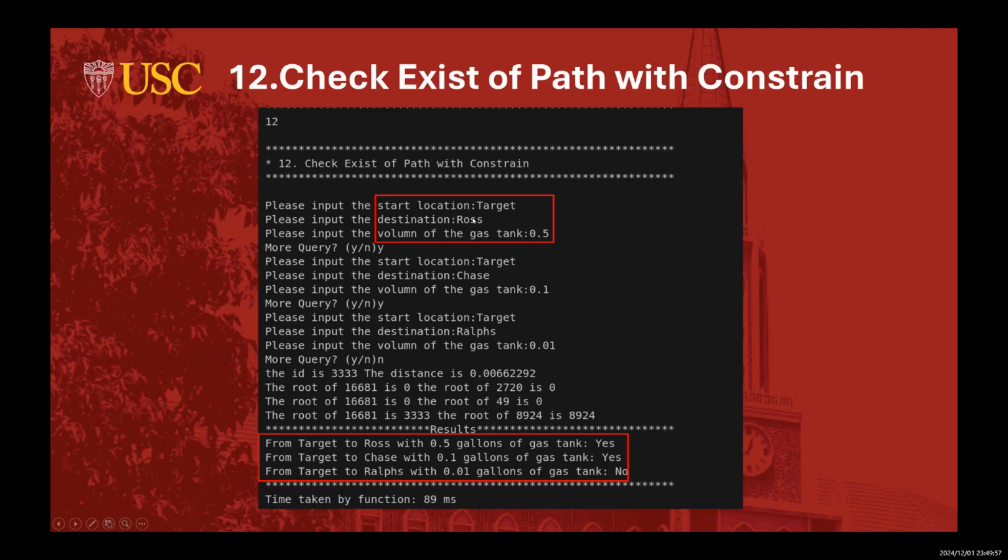In this example, I input target to Rose with 0.5 volume of gas, and also target to Chase with a volume of gas of 0.1, and the last one is target to Rust with 0.01 volume of gas. And the result is yes, yes, no, and it shows that it's correct.